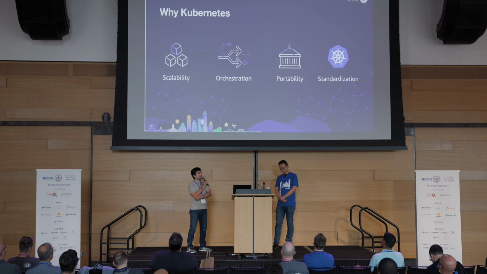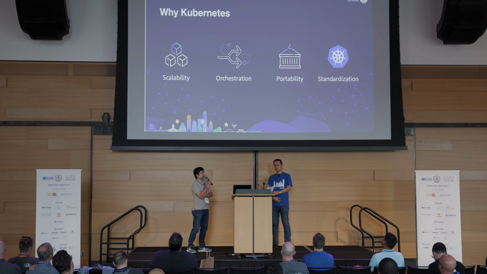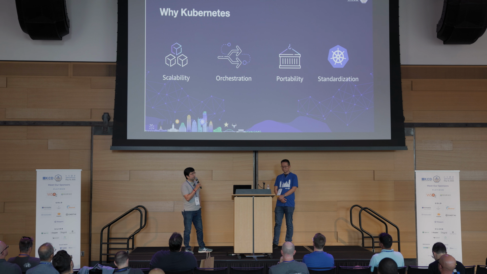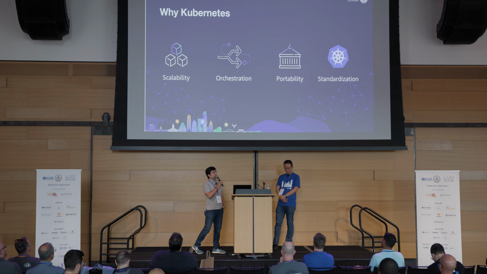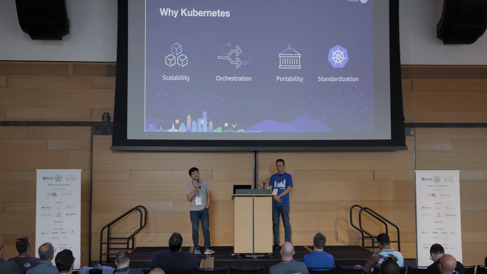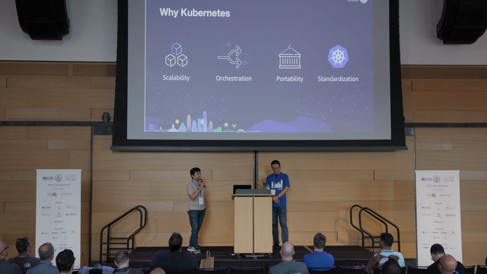So now we have given the introduction of how all of this comes together. The question is, why would you use Kubernetes for this? What we have seen over the last couple of years is a shift towards migrating data and ML workloads to Kubernetes.